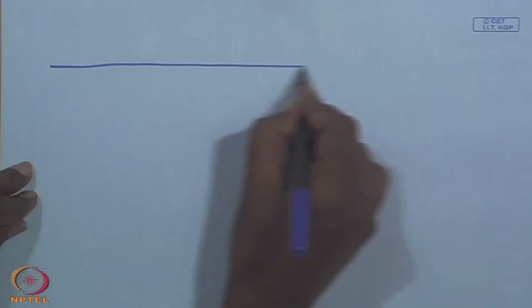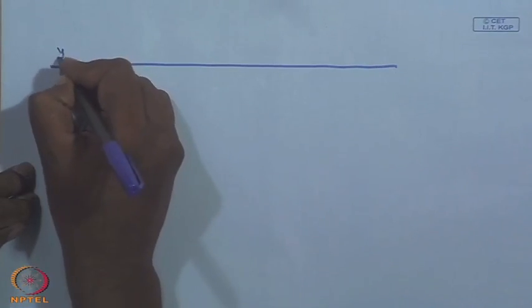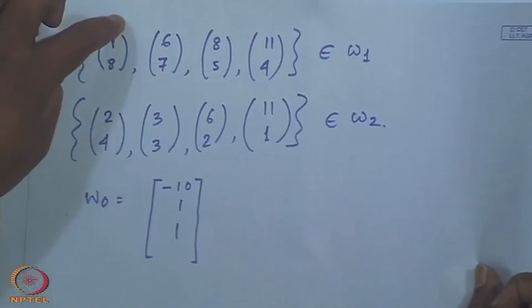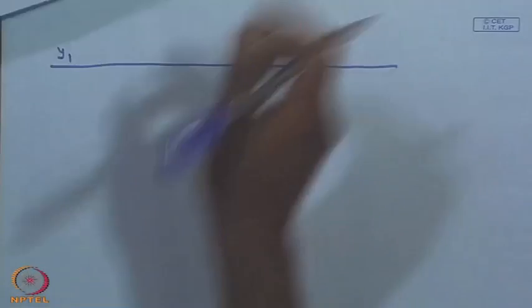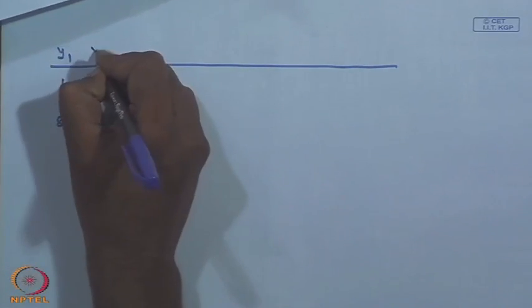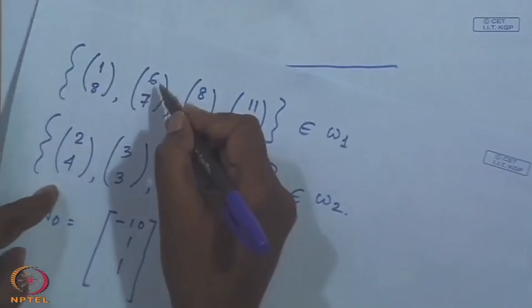So, I will get y 1, which is nothing but 1 1 8, because I have to append a 1 over here. So, it becomes 1 1 8, y 2 is 6 7.